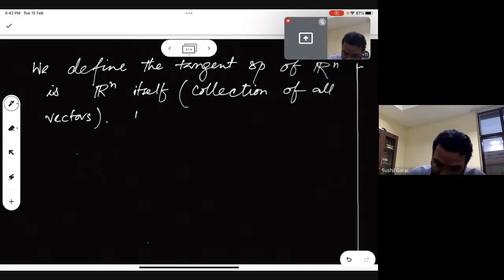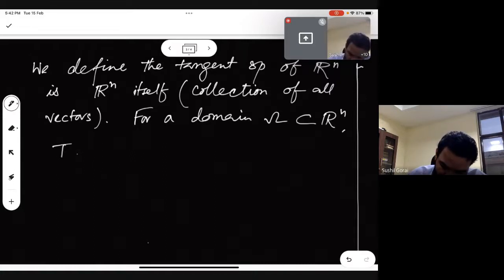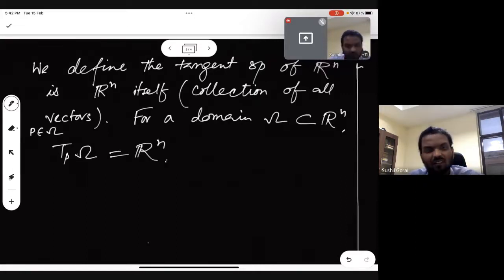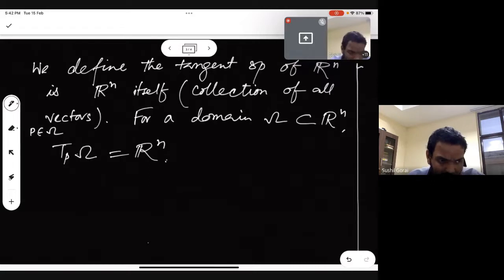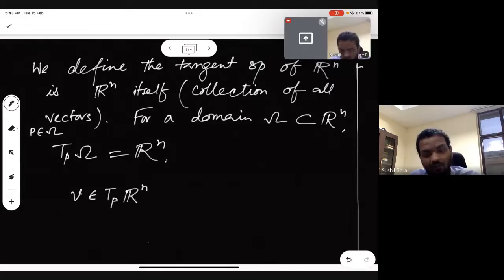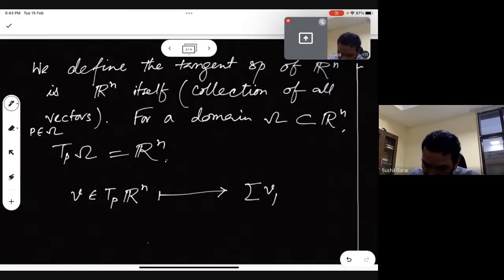That would imply for a domain omega in R^n, T_p omega, p in omega, is the whole of R^n, the collection of all vectors. This is by definition. Now, if you consider a vector from T_p R^n or T_p omega, it corresponds to the summation of v_j del by del x_j at p, j from 1 to n.